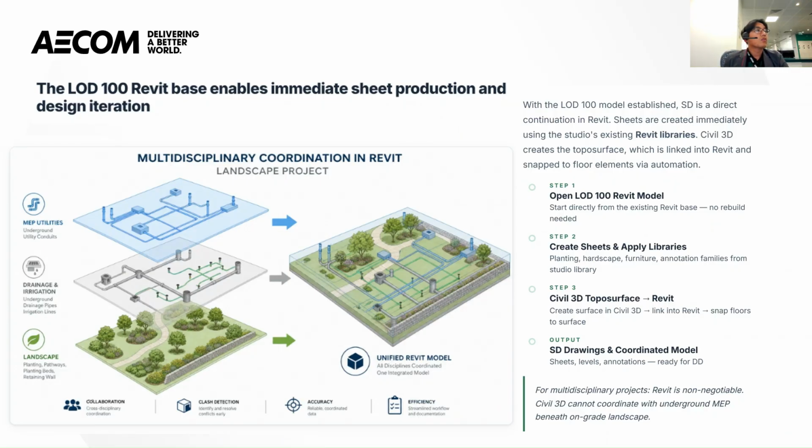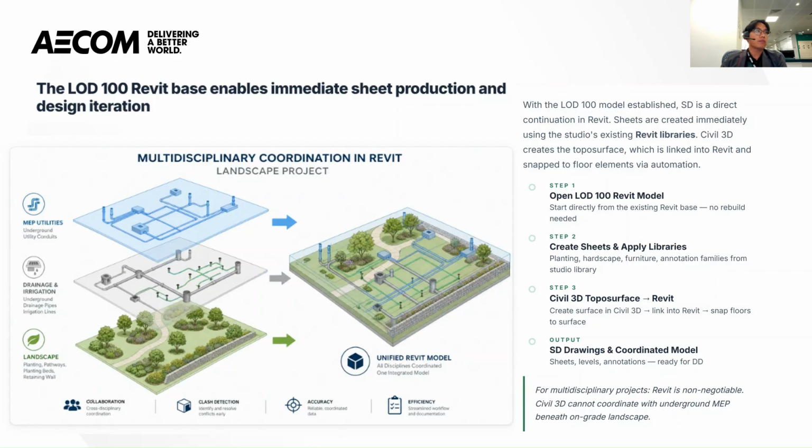A couple more slides to explain how we develop the model for landscape. Before we go into the coordination, I'd like to remind you of this workflow a little more. We start with LOD 100 when we receive information from different disciplines.